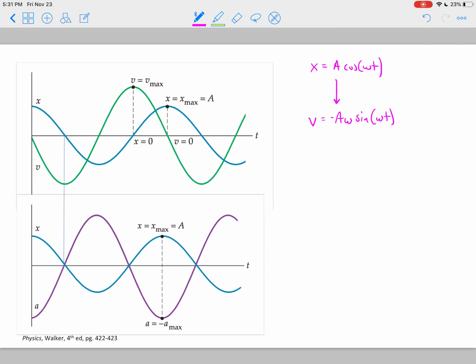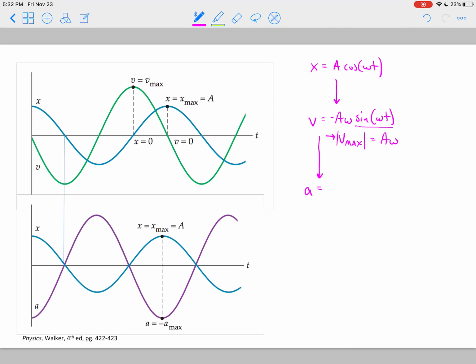And you could look at this equation and deduce that the maximum velocity is going to occur when the sine function is equal to 1. If I'm just looking at the magnitude, the maximum velocity is equal to A times omega.